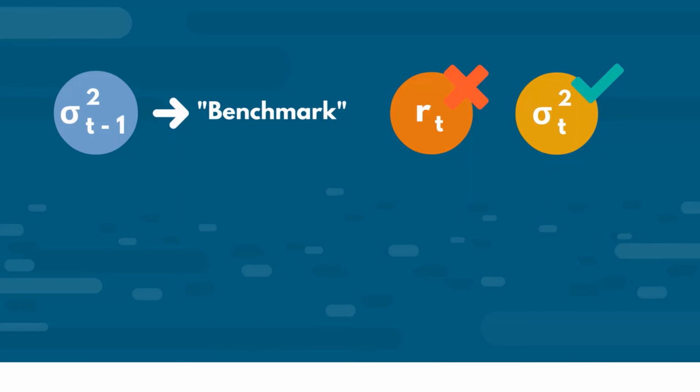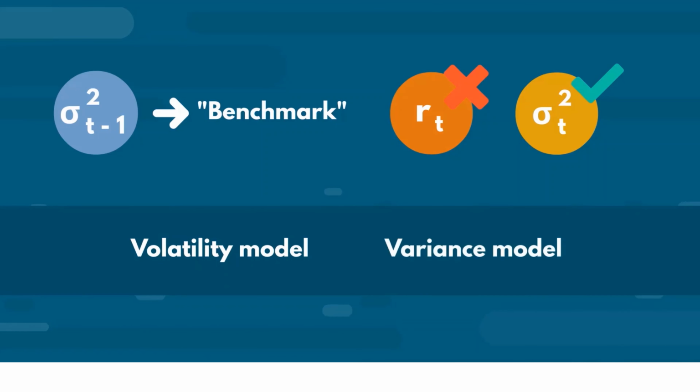Now that we've grasped the intuition behind the model, let's continue with the equation for the volatility model. Notice that we use volatility model and variance model interchangeably. This is due to the fact that variance is our measure of volatility, so the two are equivalent in this context. Suppose we have a variable y, and we want to apply the simple GARCH model on it.